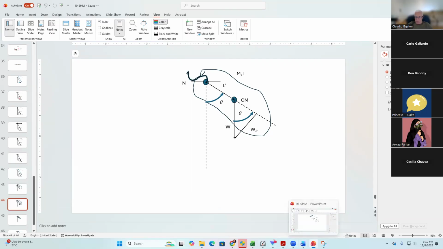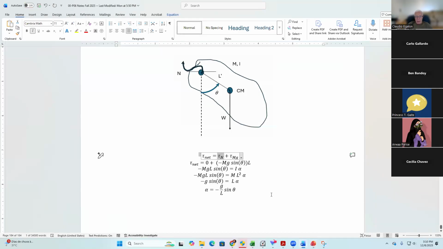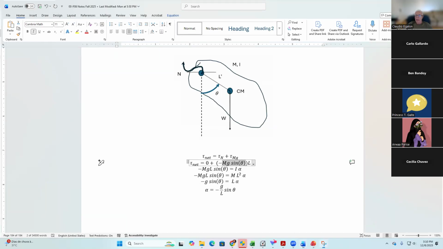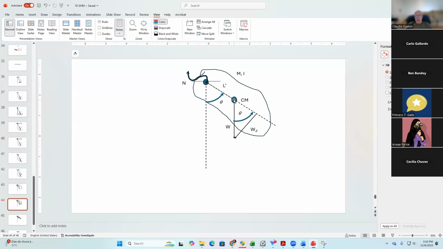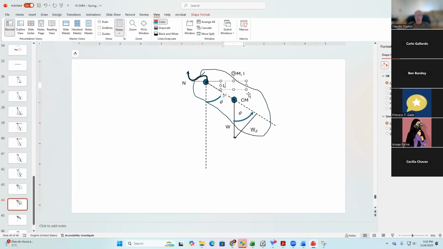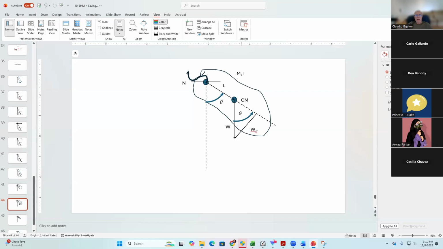Let's go back to our, okay, that's exactly what I have here. See that? mg, which is the weight, sine of theta. But let's not forget that we must multiply, instead of L prime, let's use L, the distance of the center of mass to the point of rotation.